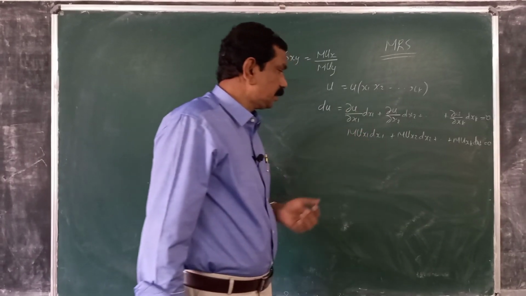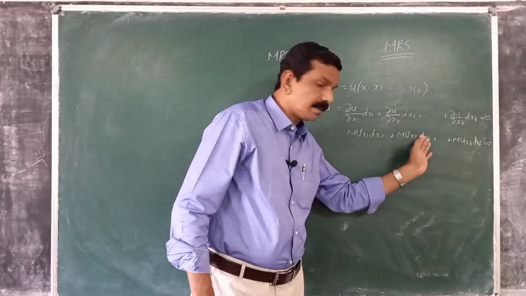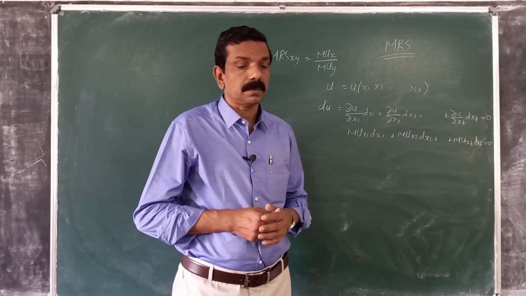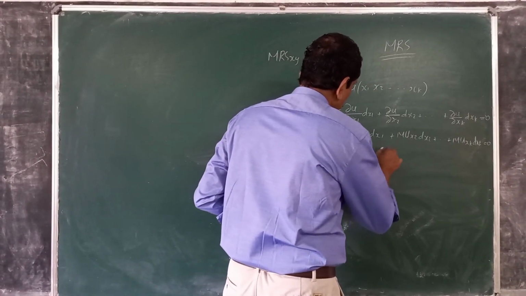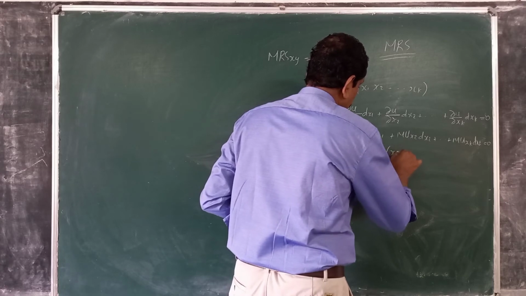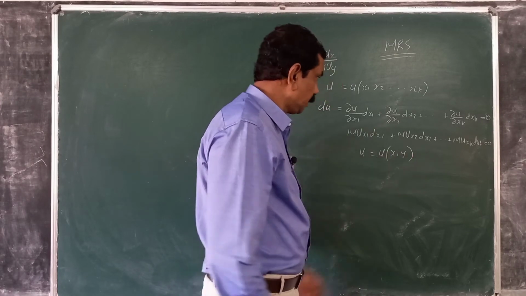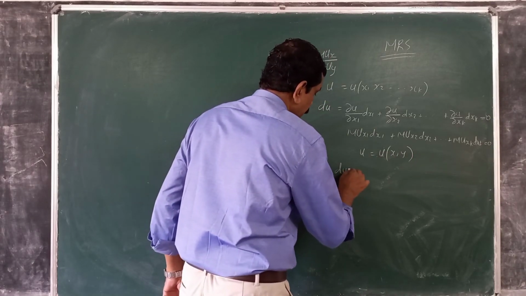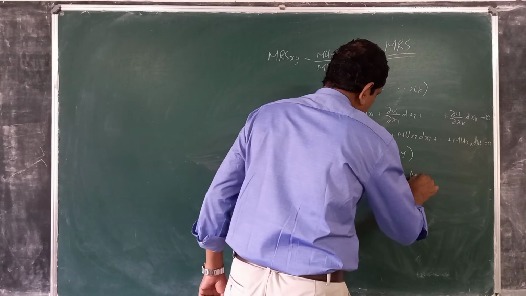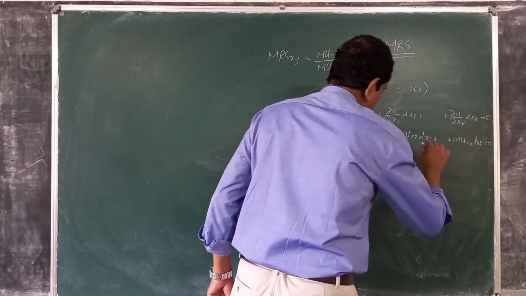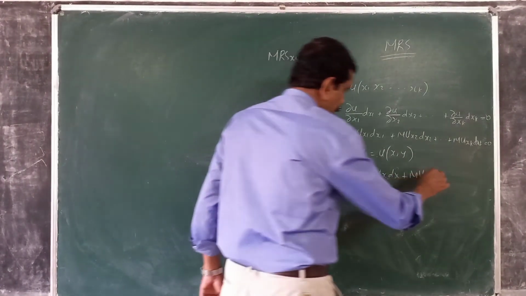If we consider only two commodities, then u is a function of x and y, then du is equal to MUx into dx plus MUy into dy, and it is equal to 0.